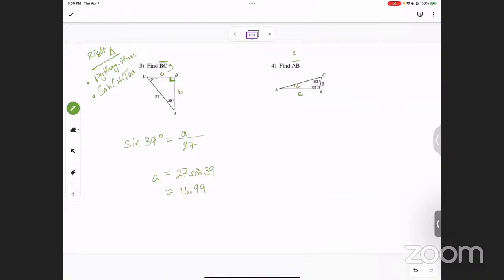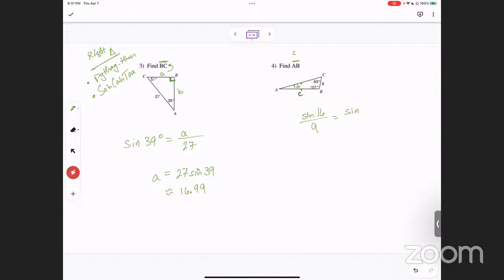Now you're going to do sine of 16 over 9 equals sine of, I believe this one's 101. No, what are we trying to find?